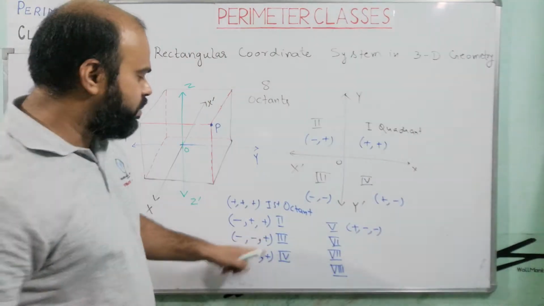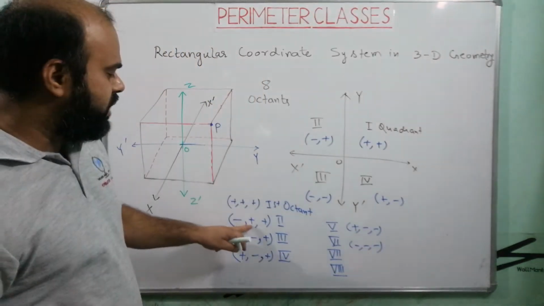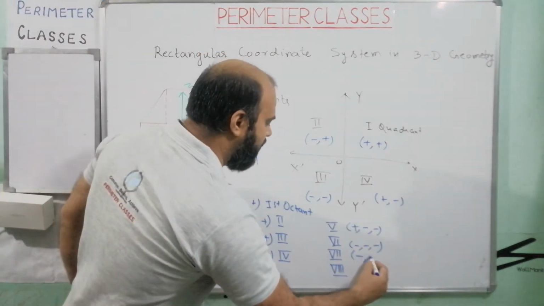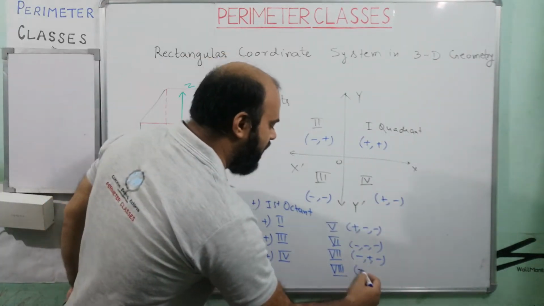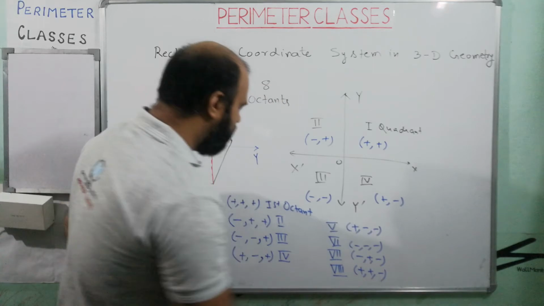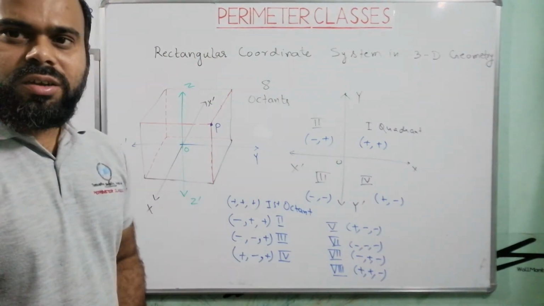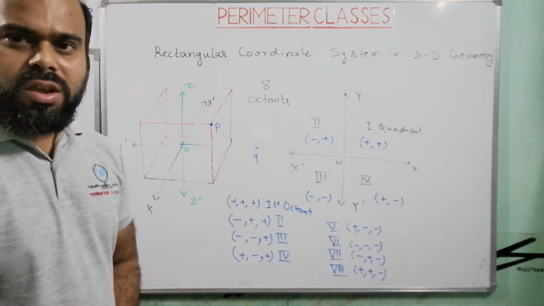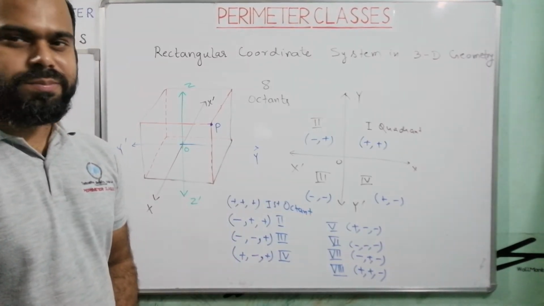This will become minus minus and then minus. This will become minus plus and then minus. And this will become plus plus and then minus. So you can understand the octant system. In the 8 positions of octant, we can find this sign scheme over here.